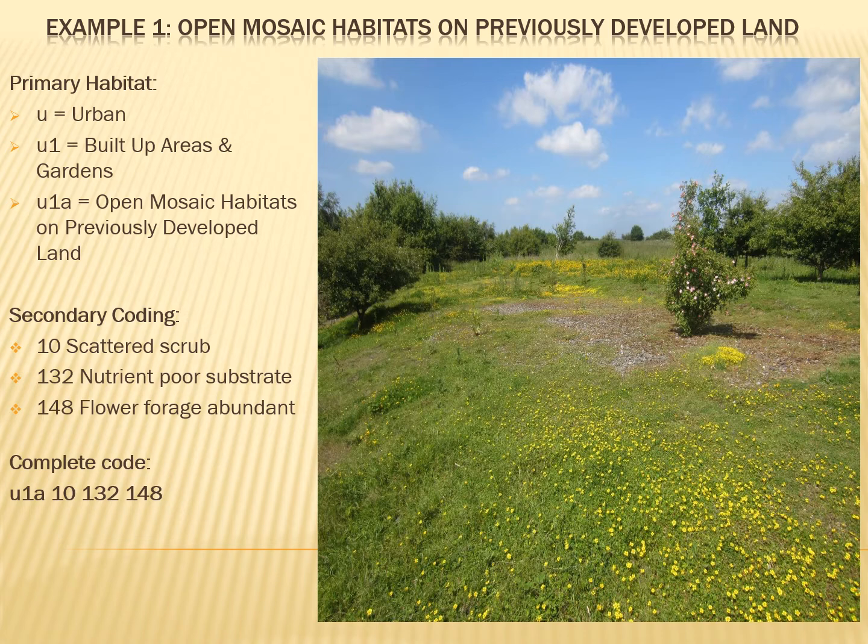The secondary codes include 10, scattered scrub, 132, nutrient poor substrates, and 148, flower forage abundant. And then the complete code is shown at the bottom.